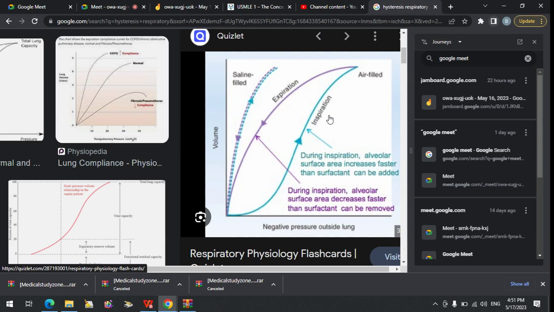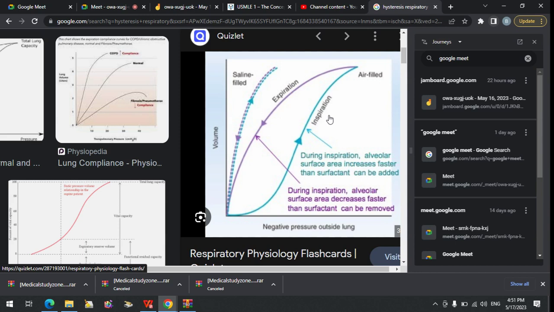You've said it already that collapsing pressure is directly proportional to surface tension. And from this formula, collapsing pressure equals surface tension over radius. So radius is inversely proportional to the collapsing pressure.